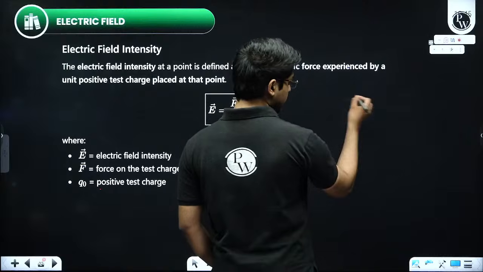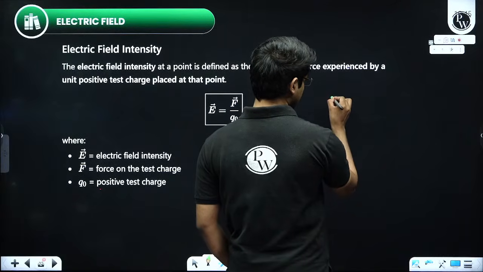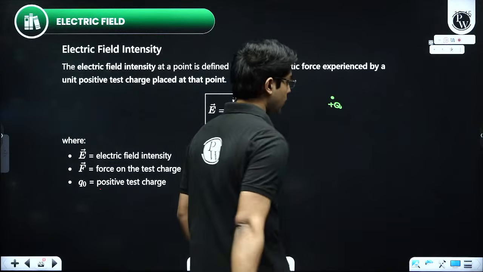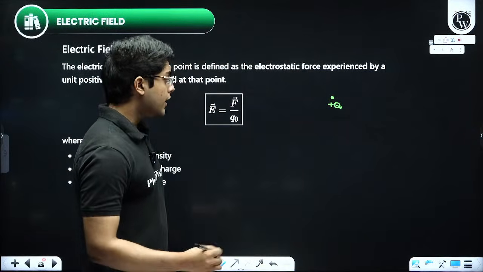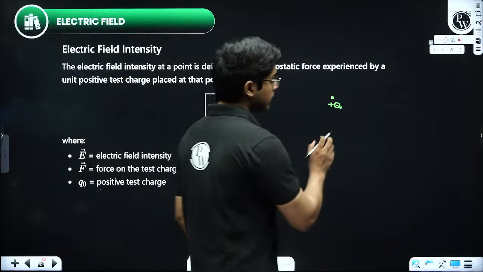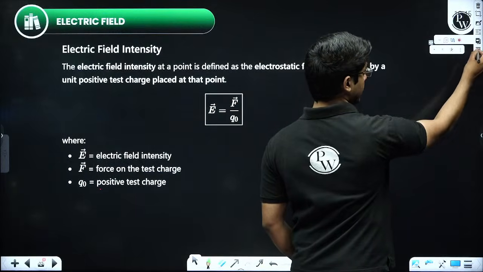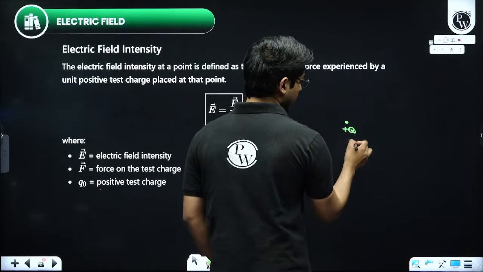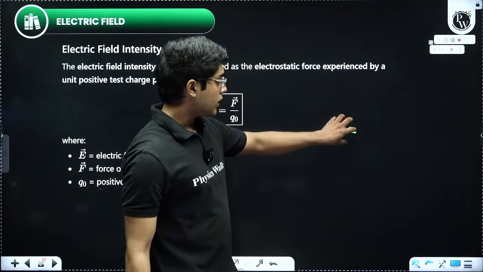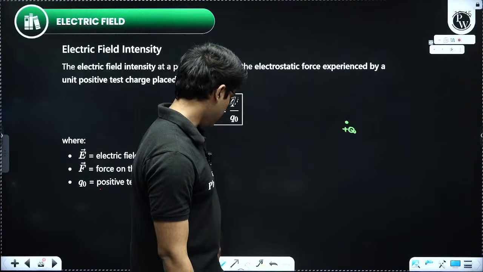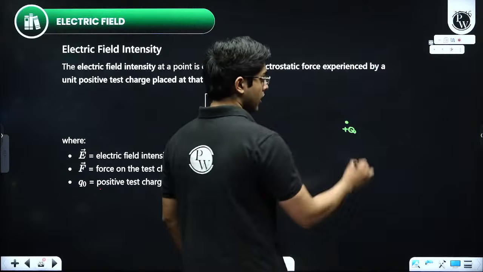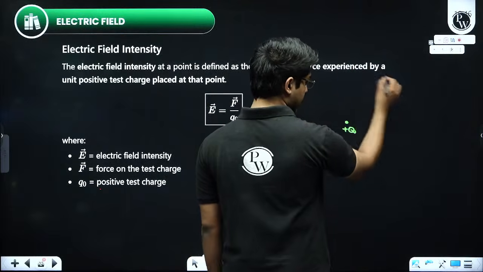So the idea of the electric field is that if I take a plus q charge, this plus q charge modifies the space around it. When you just keep a plus q charge, it modifies the space around this charge and it generates what is called an electric field.